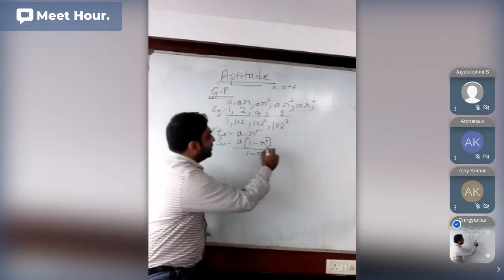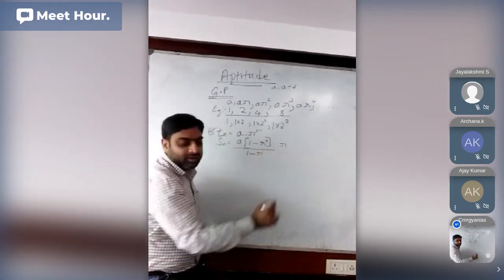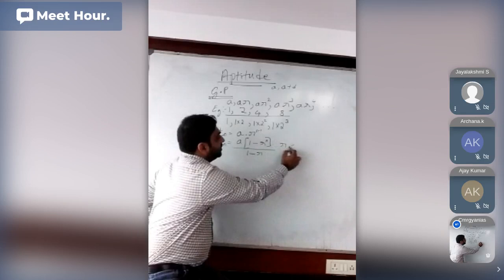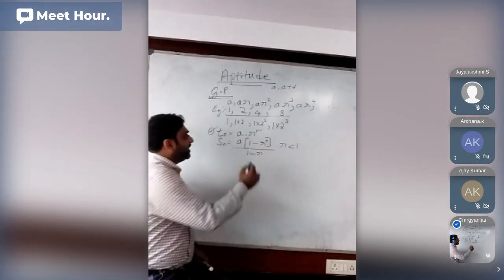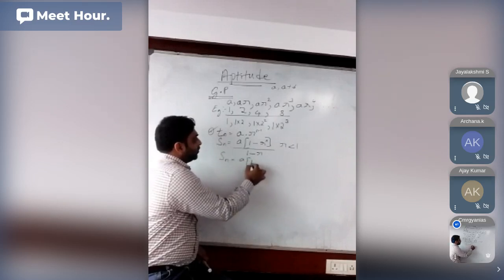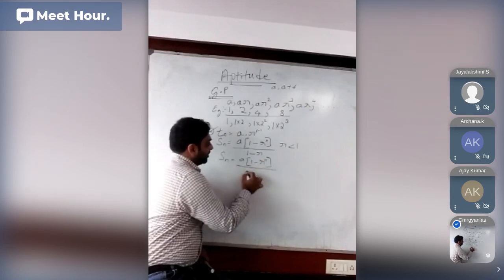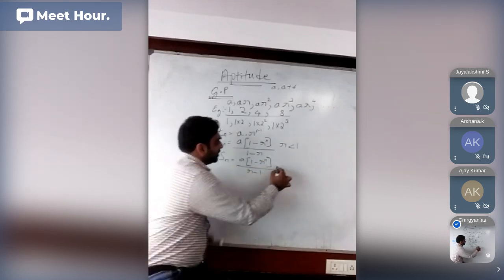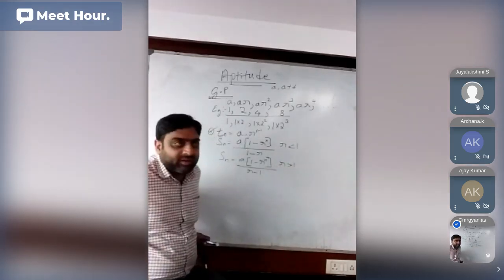So here this is provided r is lesser than 1. If r is greater than 1, it will change to a into r to the power n minus 1, divided by r minus 1. So this is if r is greater than 1.